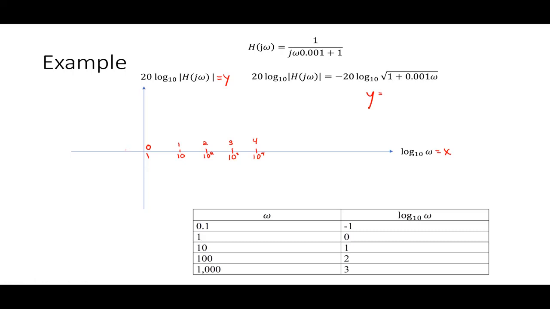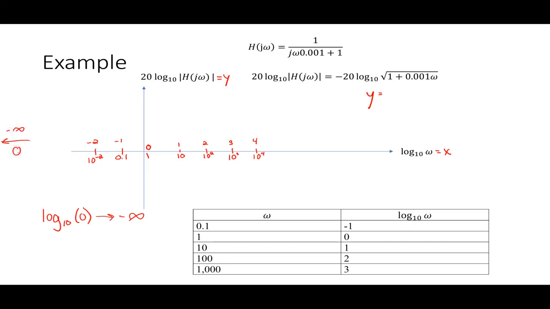If I go to the other side of the origin, this is -1, which would be 0.1 radians per second. -2 back here would be 10 to the -2. Notice, if I took the log base 10 of 0, that's undefined. It's actually approaching negative infinity.